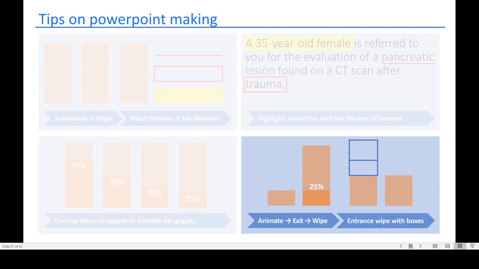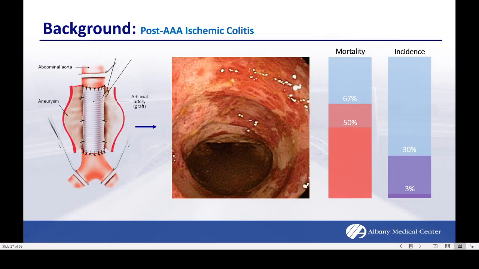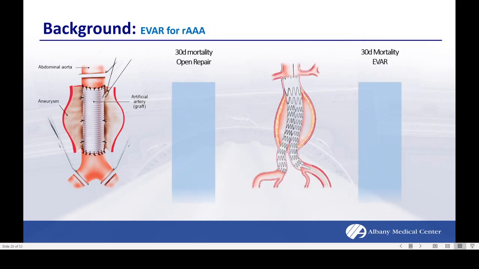So I'll show you how I use this on my presentation. So going back to my journal club slide 1, transitioning to slide 2, ruptured AAA has been shown to have anywhere between 70 to 85% 30-day mortality rate with open repairs. Initially, though, going as far back as 1994 for using EVARs for ruptured AAAs, the mortality wasn't different compared to open repairs.